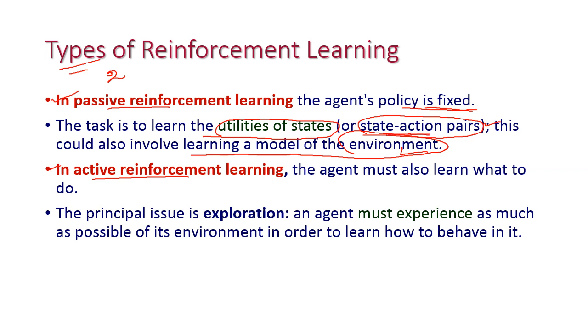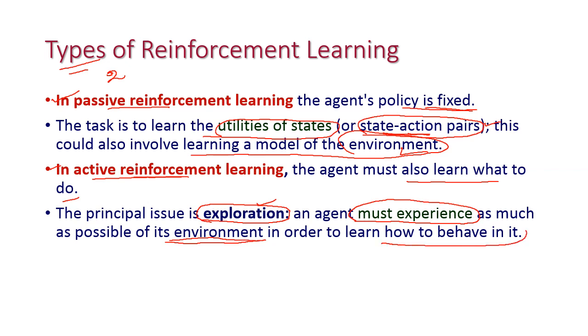When it comes to active reinforcement learning, the agent must also learn what to do, and the big issue in active reinforcement learning is exploration, because the agent must experience as much as possible of its environment, since the environment is very complicated, in order to learn how to behave in it.